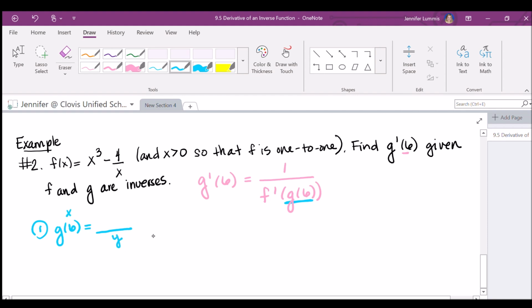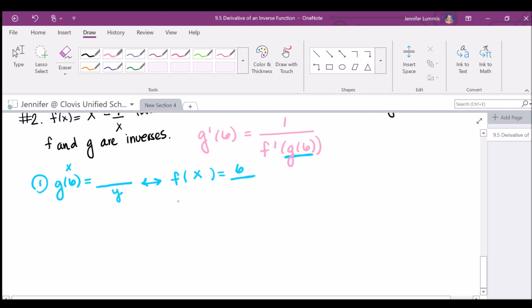What you'll remember, because they're inverses, is that their x's and y's switch places. So f of some value x should give me a y value of 6. And I know what function f is, so I'm going to set my function equal to 6.